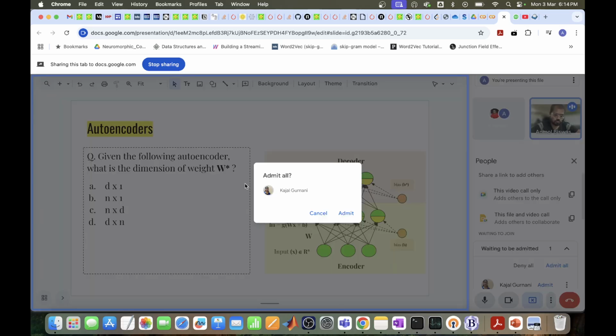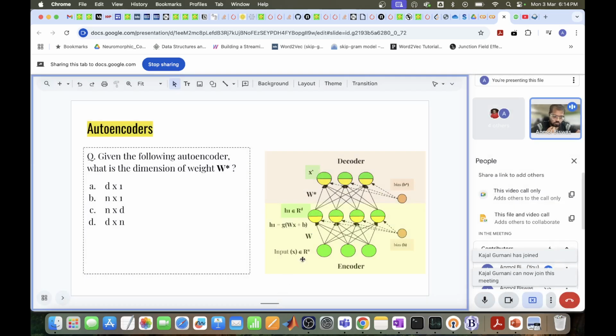Let's try to work through the problem, right? We have input x, which is n-dimensional, and then you're doing W times x. So x is n by 1, which means W is d by n, because h1 has to be d-dimensional.